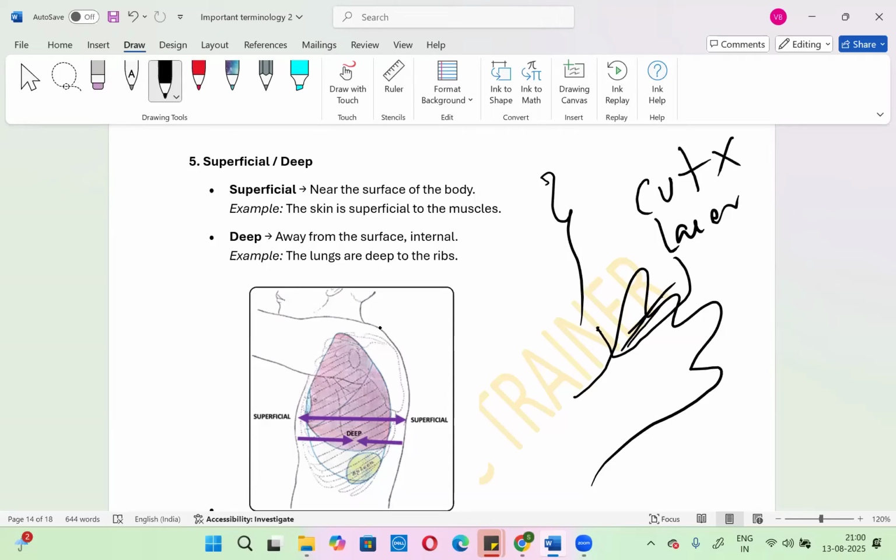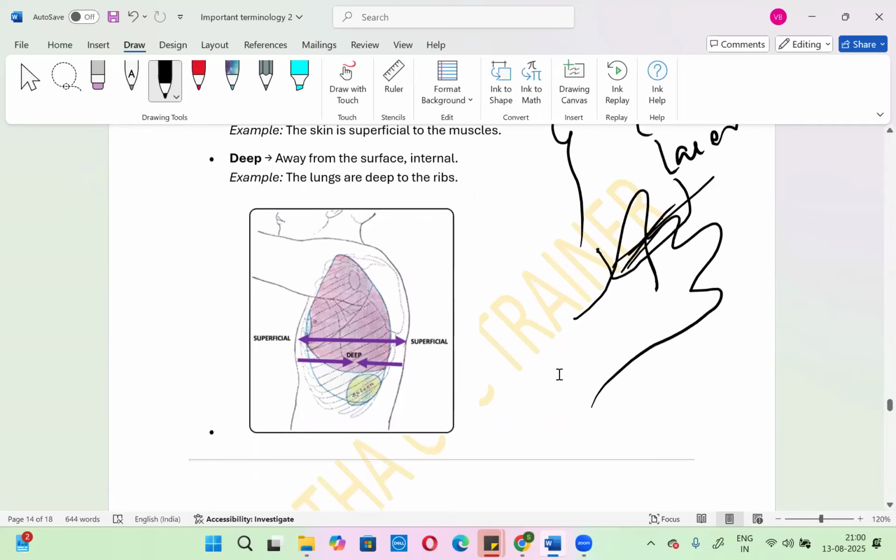Sometimes they will also document that the cut is deeper, that means the cut is up to the bone level. You are able to understand, right? Superficial is the upper layers, deeper is inside. That is the difference. Here also you can see superficial and deeper. If you take the lungs, where are they located? Deeper inside the body.